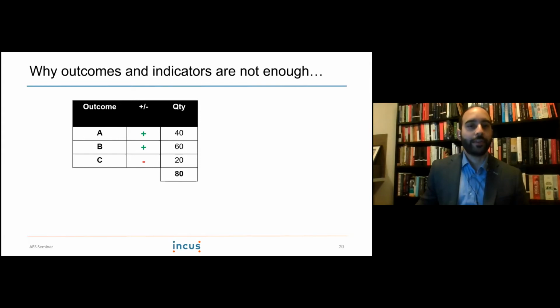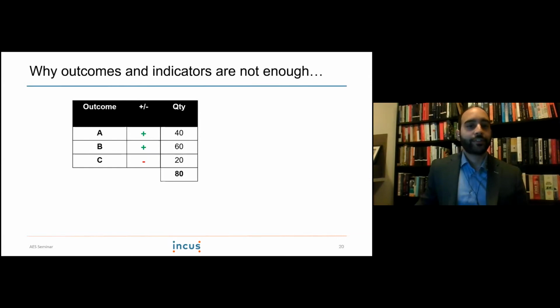So we know there's been 40 units of positive change in outcome A, 60 units of positive change in outcome B, but 20 negative units of change in outcome C. So at a net result, there's 80 positive units of change, whatever that might be. It might be a number of people who've experienced the change, it might be on a scale, but we know there's been a positive change of 80.